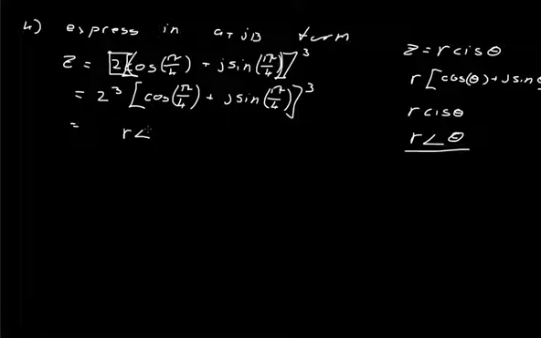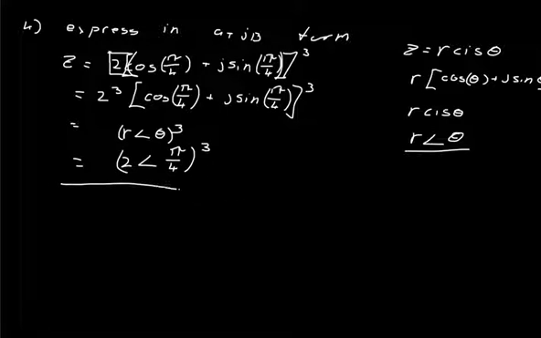So that is in the form R angle theta cubed, which is R is 2 angle pi over 4, cubed. Okay, so now we've written it in a form where it looks far less intimidating, but we still haven't expressed it in a plus jb form, because we first need to cube this whole bracket out.